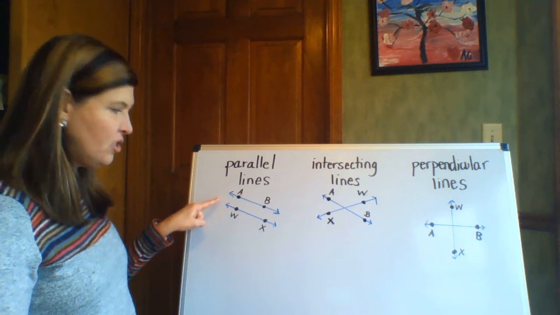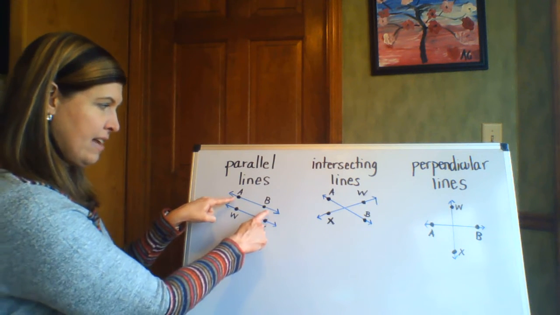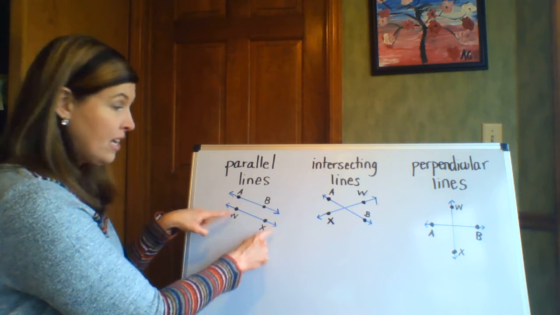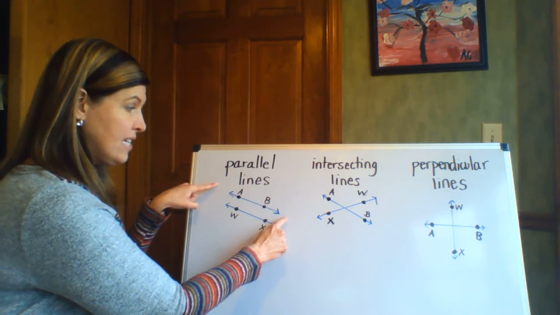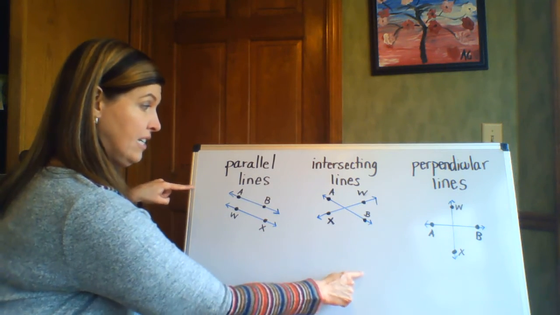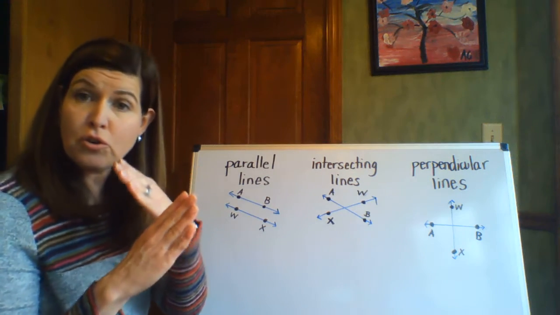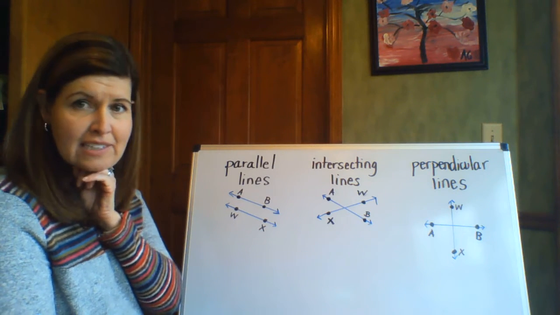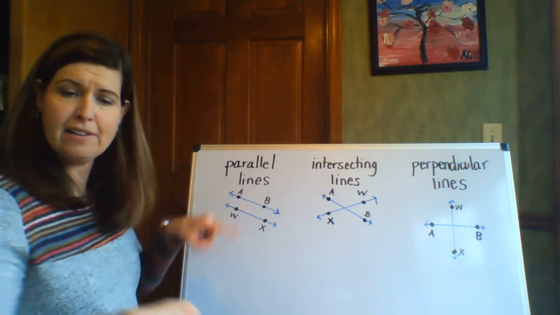So these two lines, this is line AB and line WX. No matter how far I continue to draw these, they're never going to cross each other. How I remember what parallel is: I look at the word parallel.